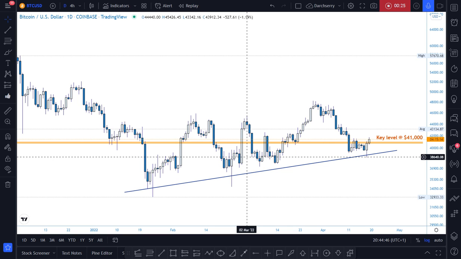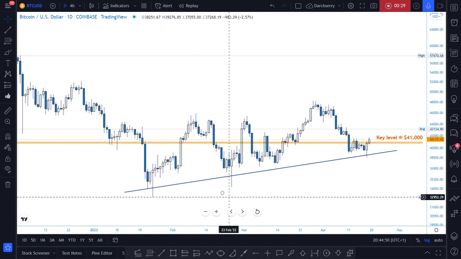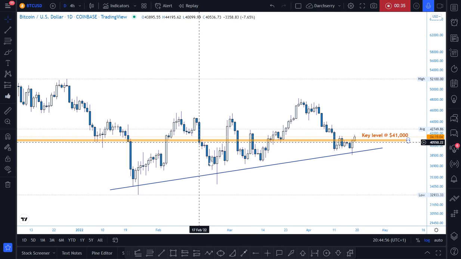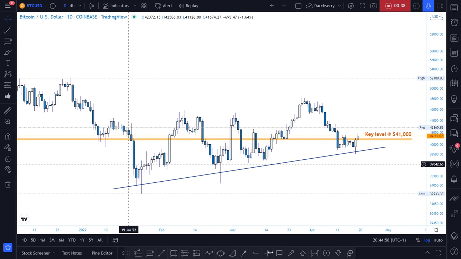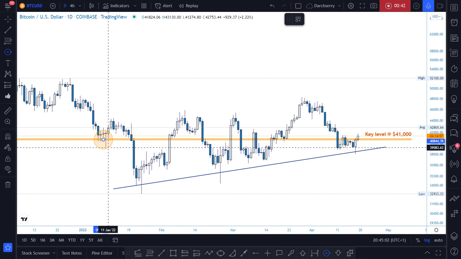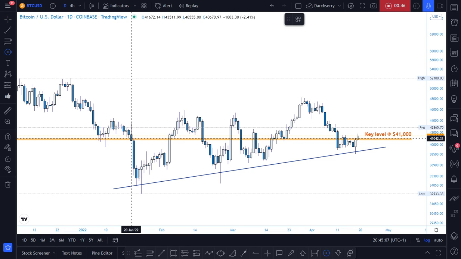Now, back to our daily time frame. Remember, we had a key level structure that has been confirmed at the 41,000 area. And like I stated in my last video, we can see we had key levels at this area, which has held price, supported, rejected, or broken down at one point in time, as we can see on this chart.